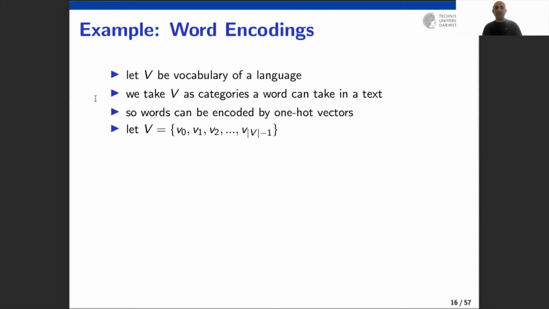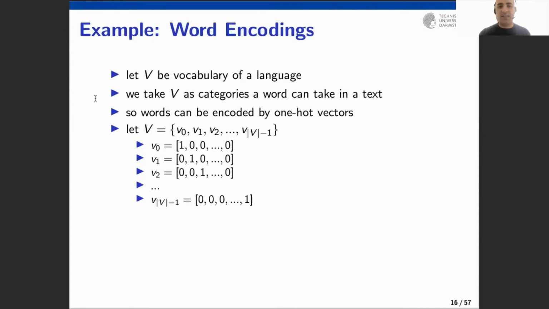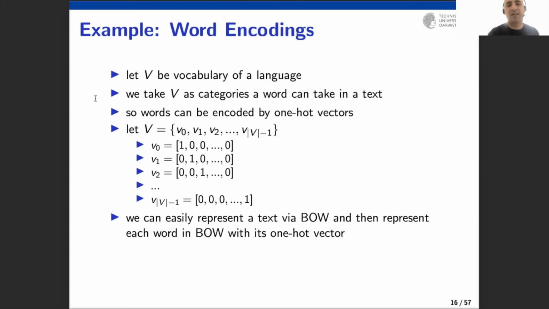More formally, let's assume V is a set of V0 to V-whatever, whatever number of vocabulary words we have in a language. We can show one word in the language by a one-hot vector like this, right? We can show the second word in the vocabulary by a one-hot vector like this, and the last word would look like this.